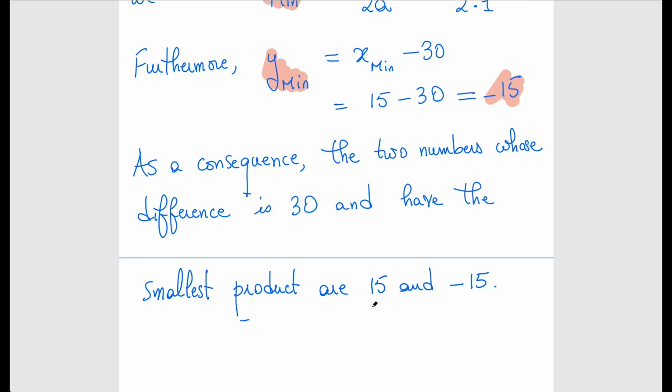Their product is the lowest two numbers whose difference is 30 can get to. Okay, so 15 times negative 15 is the smallest product that two numbers whose difference is 30 can get to.